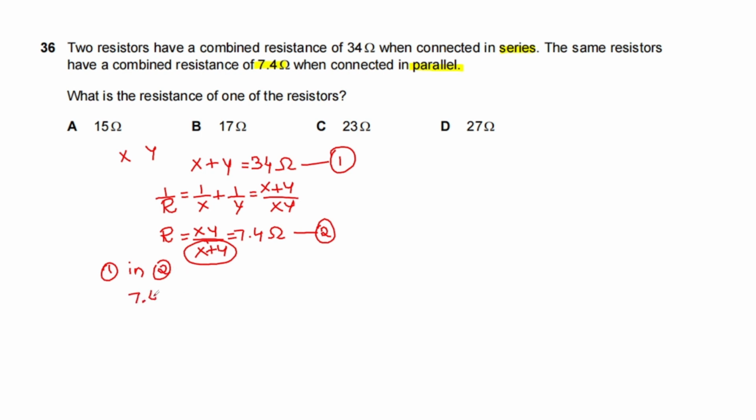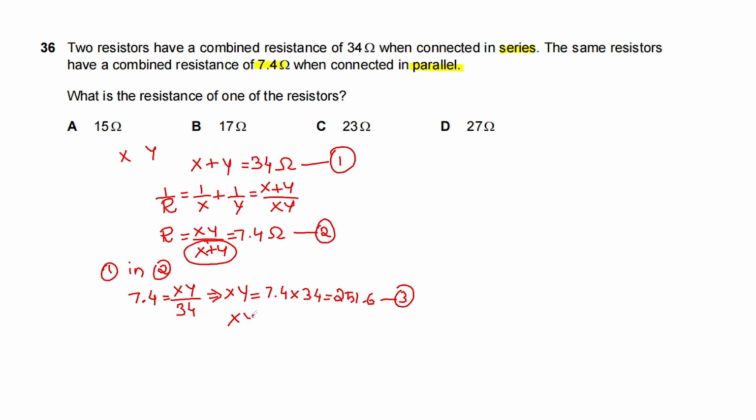So 7.4 is equal to XY divided by X plus Y. Instead of that, we can substitute 34, which means that XY is equal to 7.4 times 34, which is equal to 251.6. So this is equation number 3.